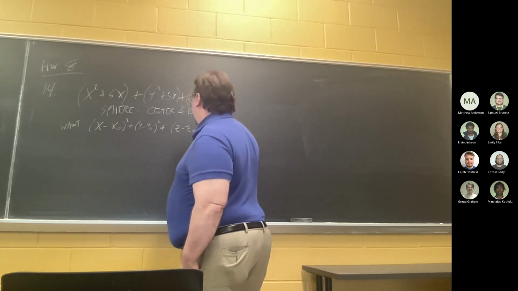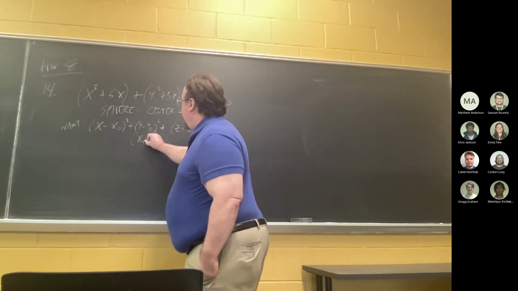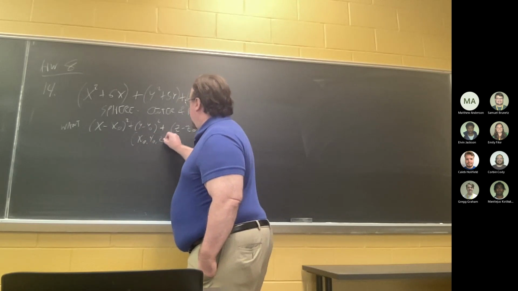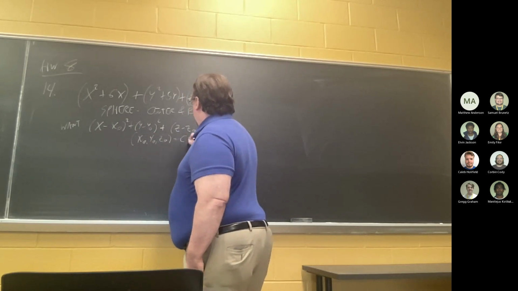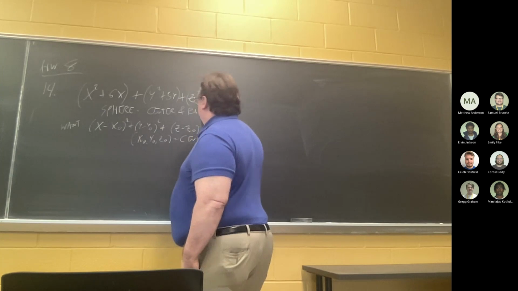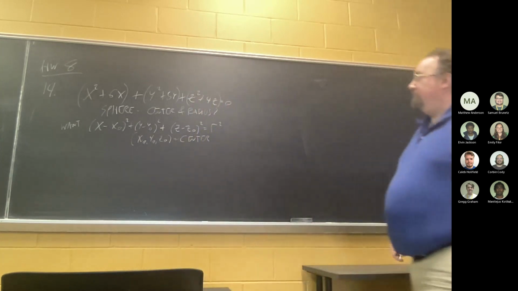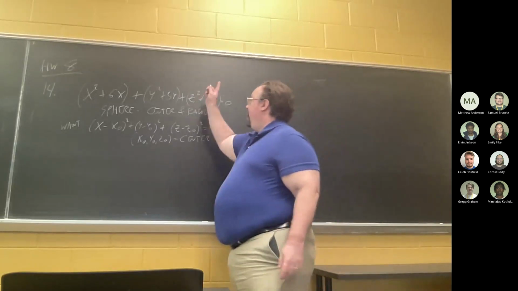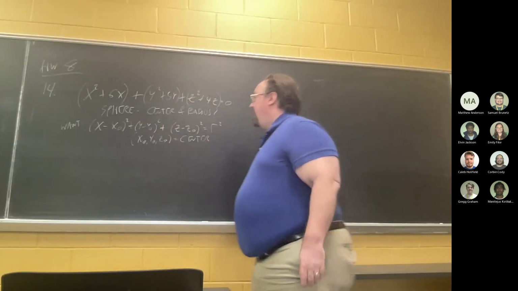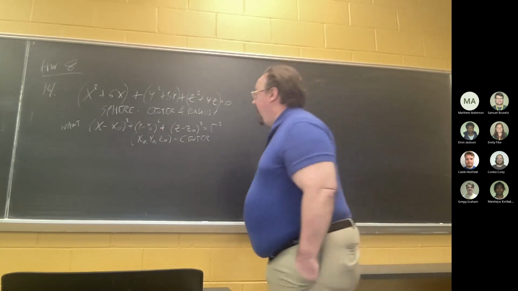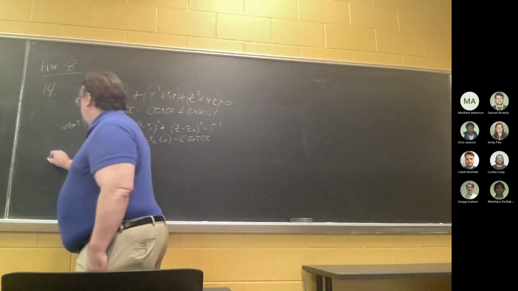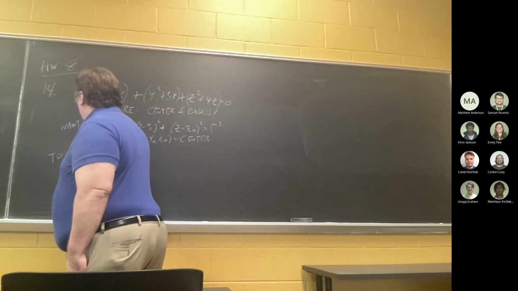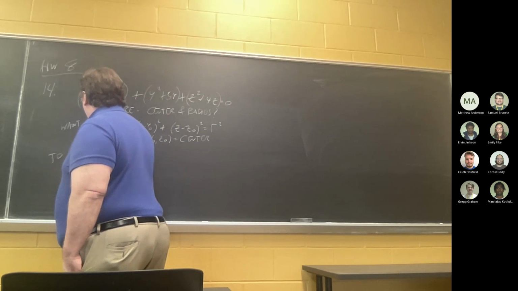Then r is the radius, and the center is x naught, y naught, z naught. So what you need to do in this problem is get the equation from this form into this form by completing the square, and for that, use the formula that I gave when it was first covered.